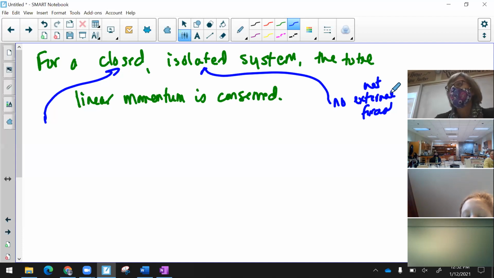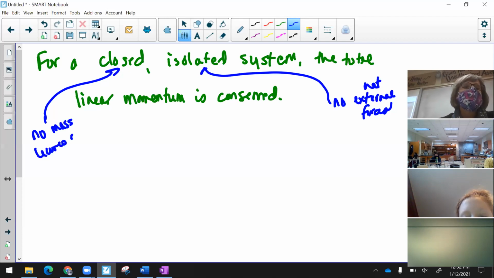Not just energy, but something, actually it really refers to something else, maybe energy, but something else as well. Closed means no mass leaves or enters the system.